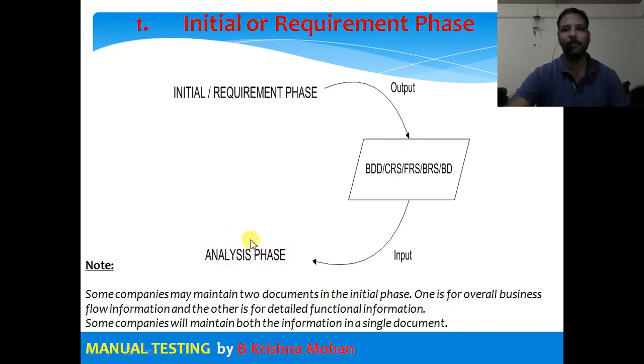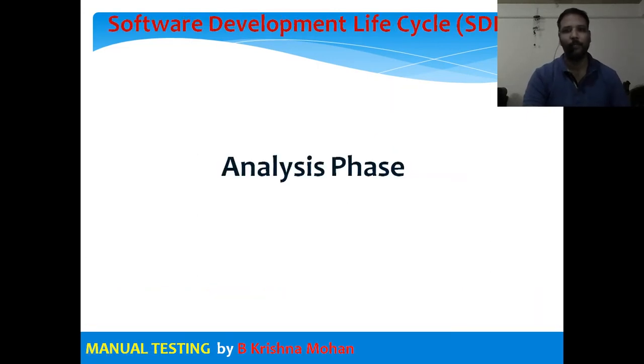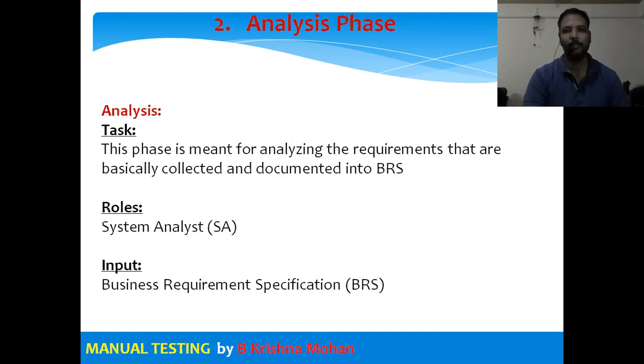The analysis will be done based on this document, so this document should be given to the members who will be in the analysis phase. Before going to the analysis phase, this document should be reviewed and baselined.